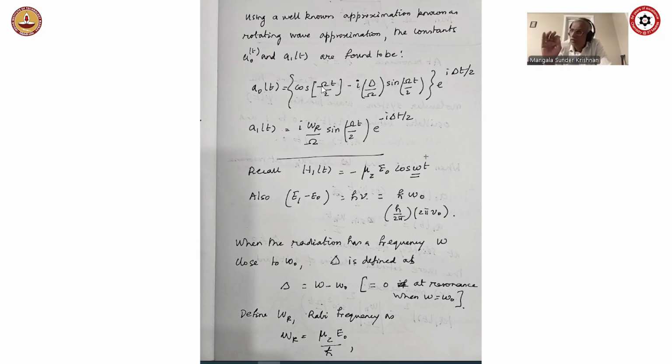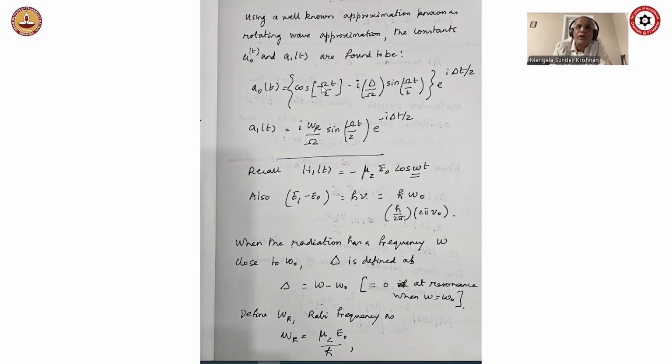If it is exactly omega naught, the resonance will happen. But if it is omega naught plus or minus some small value, the difference between omega and omega naught is delta. At resonance, delta is 0. But slightly away from resonance, delta is not 0.